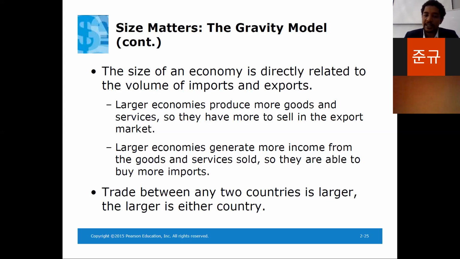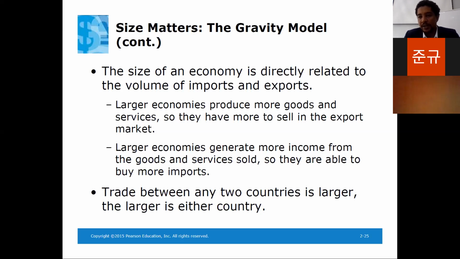So the larger is either country. Okay, when there is a large trade between two countries, either one or both are big economies. For example, the US has the highest trade with China. This shows either one or both of them have the highest economy. As you've said, the US is the highest economy, followed by China, right?